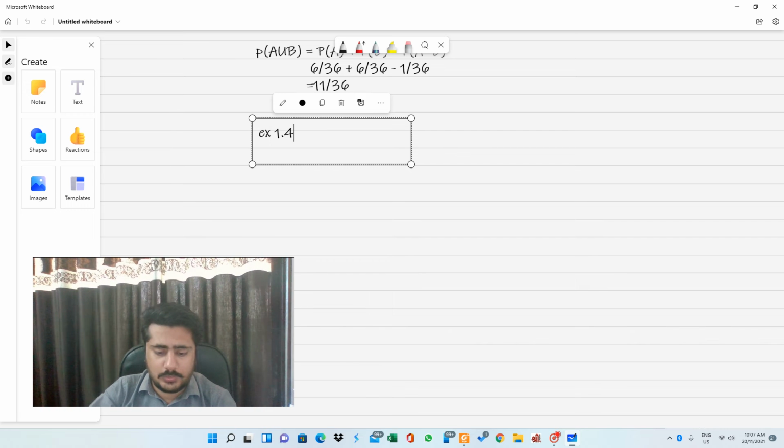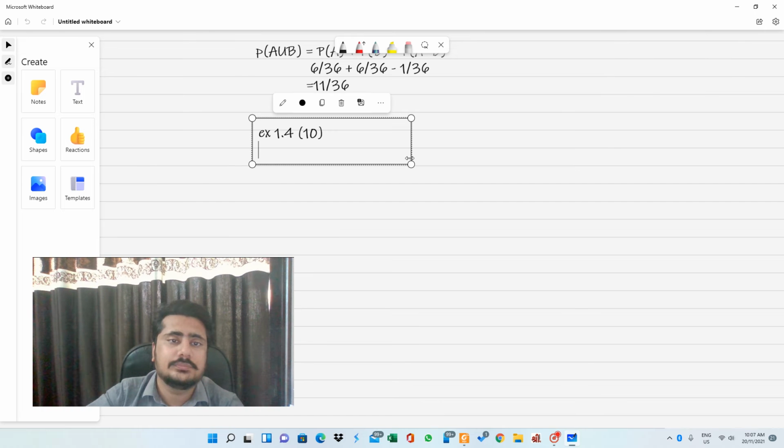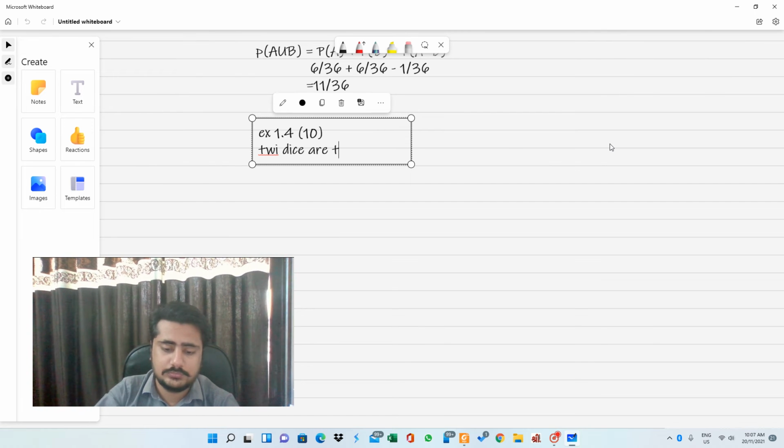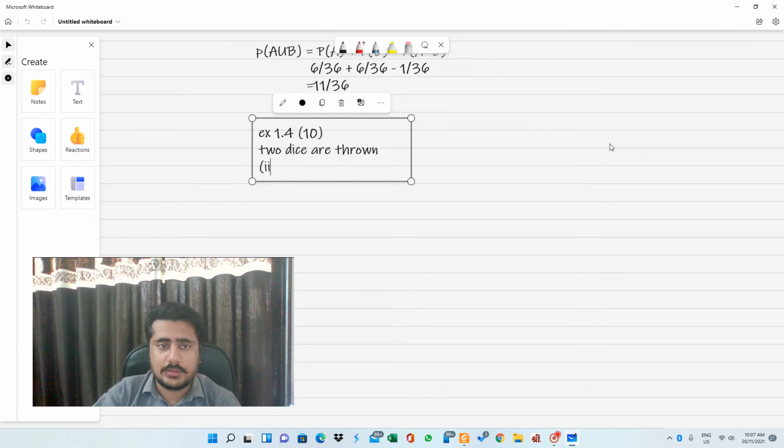Exercise 1.4 sum number 10. See, two dice are thrown. I have to solve sub question 2.